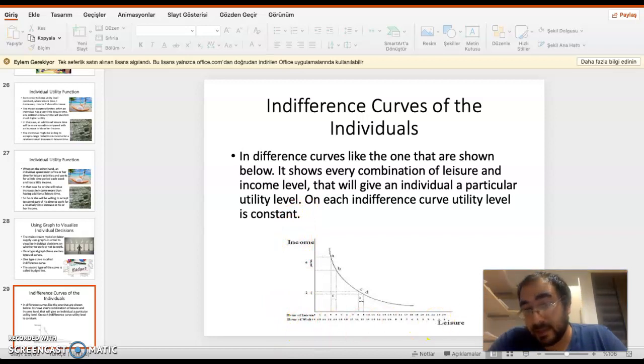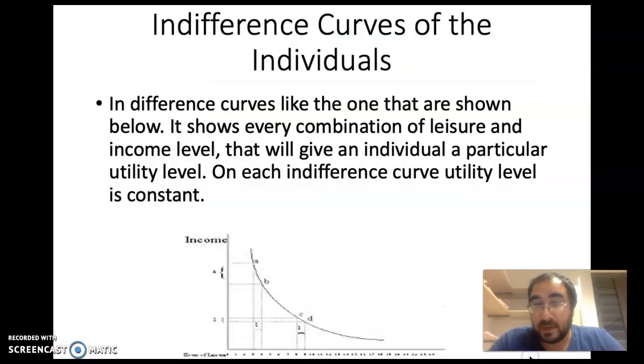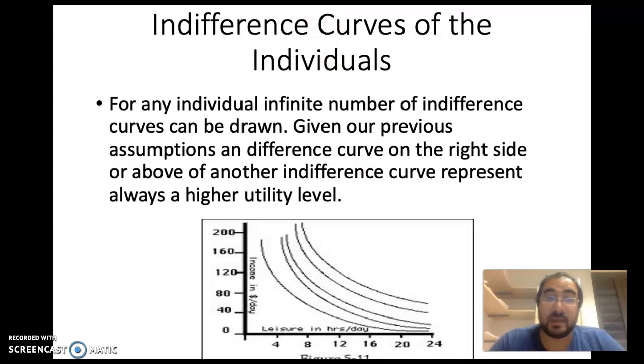While you move along the x-axis, you have more leisure, which also means that when you move away from the origin on the x-axis, in this direction, you will have a higher amount of labor spent by the same person.